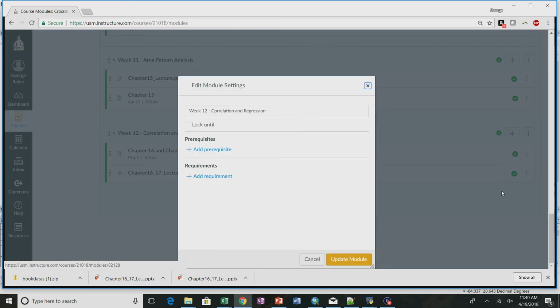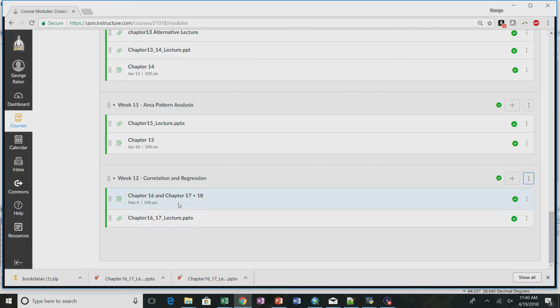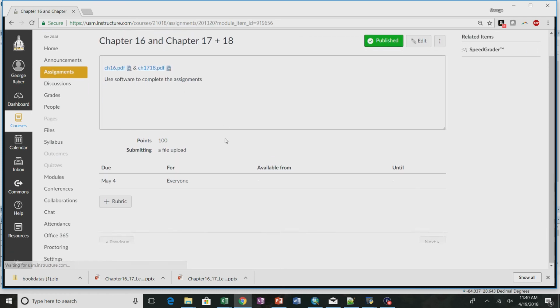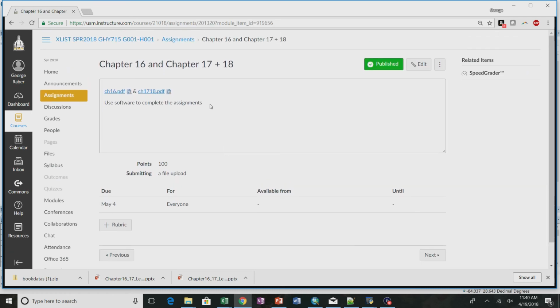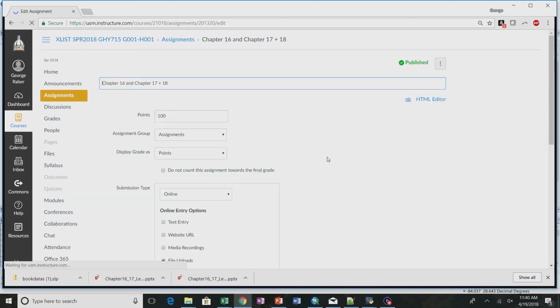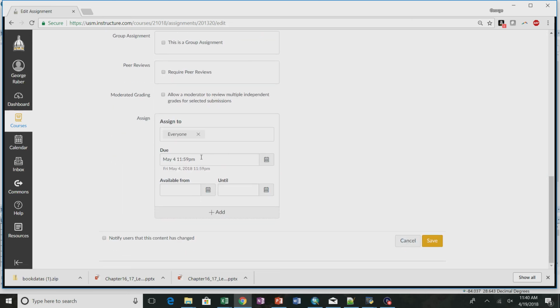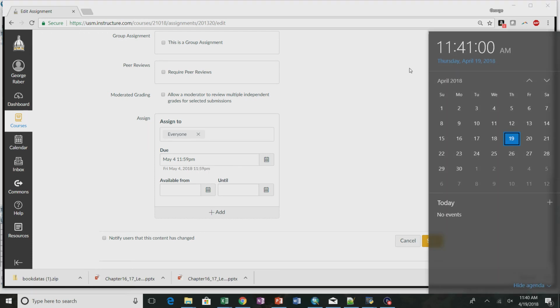Okay, oops, just making sure I did this right. So the due date of all three of these exercises is May 4th, which is actually the day after the final.